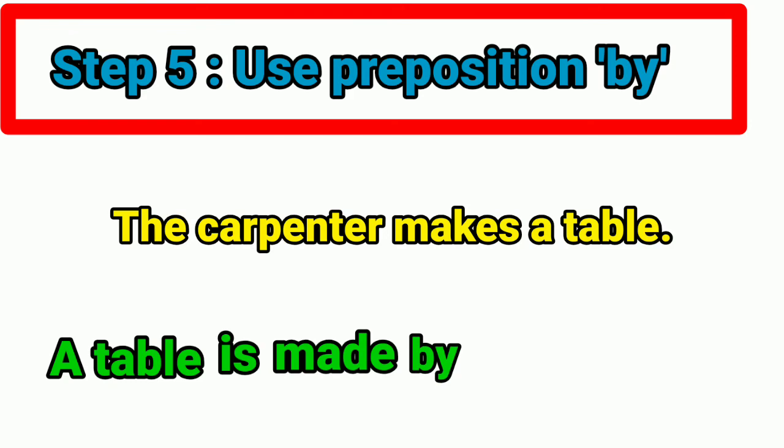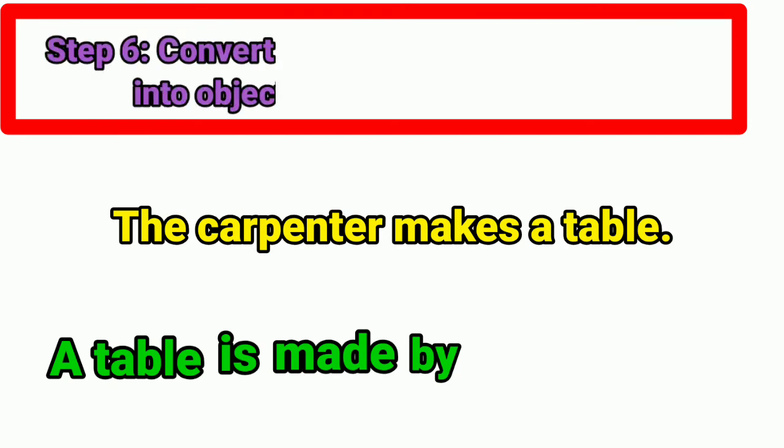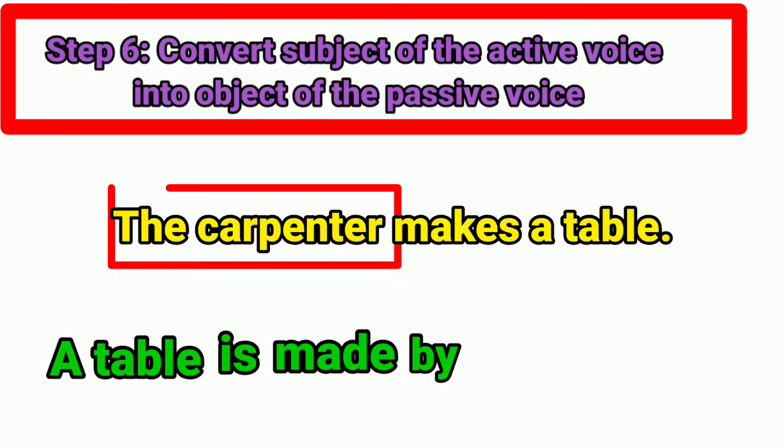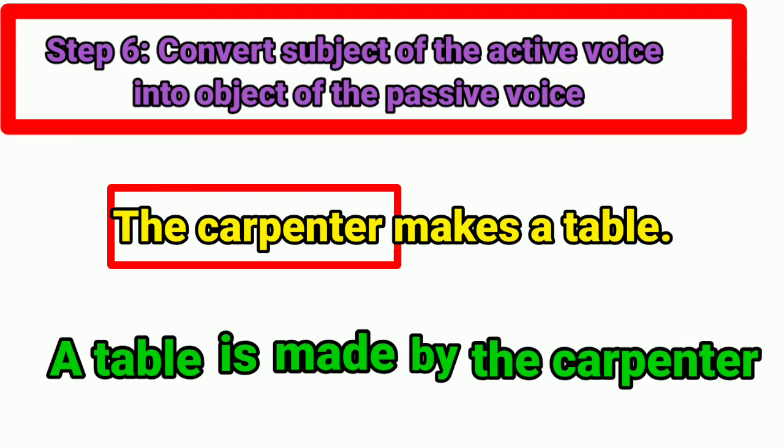Next, the sixth step is convert the subject of the active voice into the object of the passive voice. So here we can see in active voice the subject is the carpenter. Now when we convert it into the passive voice, the subject will become the object of the sentence, the carpenter.